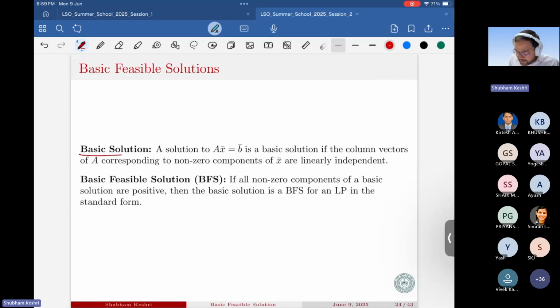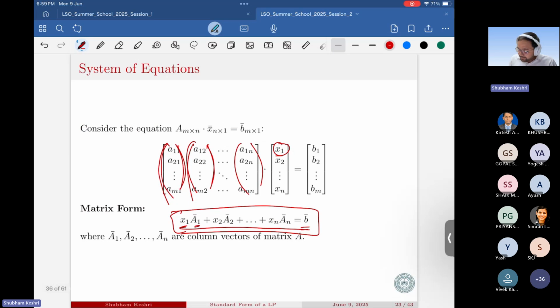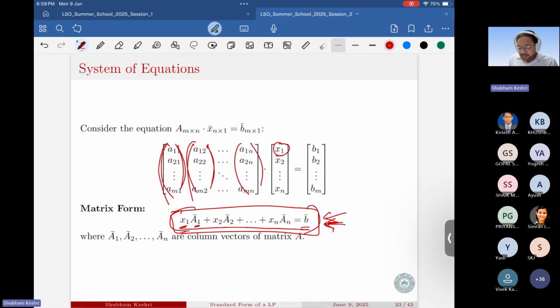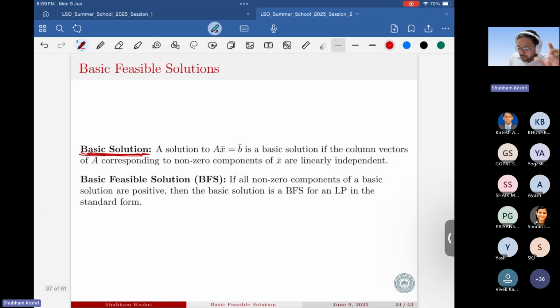Now, what is a basic solution? We have written the constraints of an LP in this form: x1 a1 bar plus x2 a2 bar, and so on and so forth. Now, what is a basic solution? You have this set of equations, you solve this.